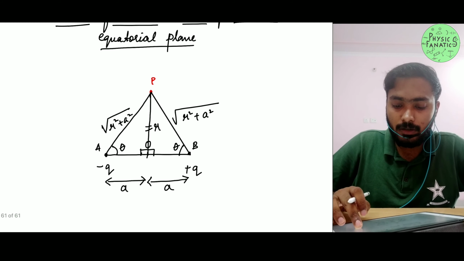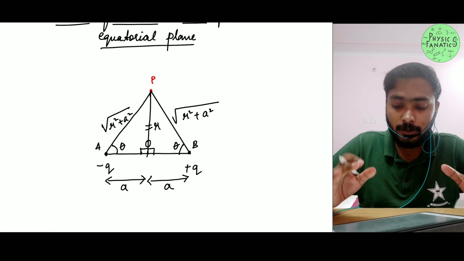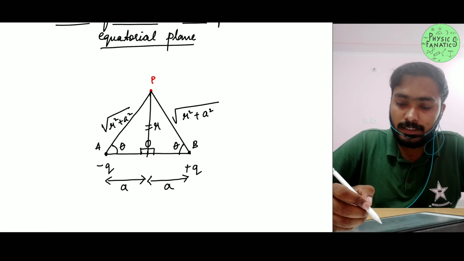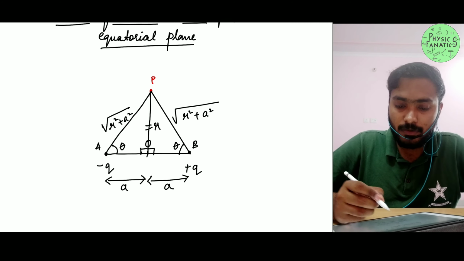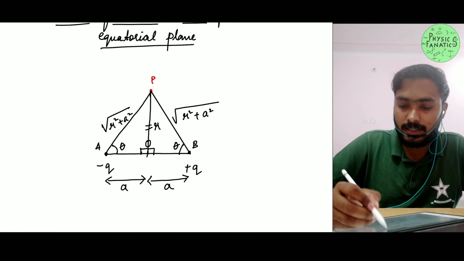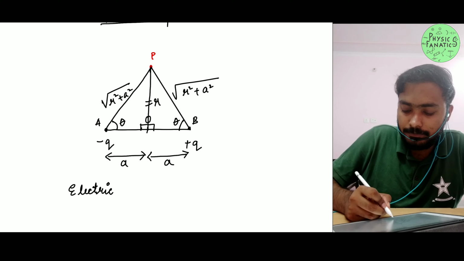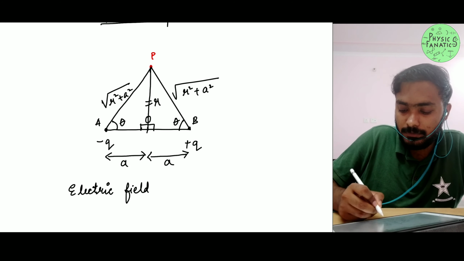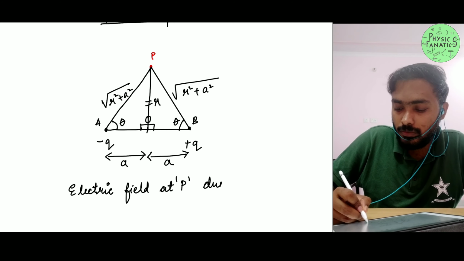Great. So now all we have to do is find out the electric field at point P, right? Let me go one by one so that you guys can understand. So I can write first thing, electric field at P due to minus q charge, right?